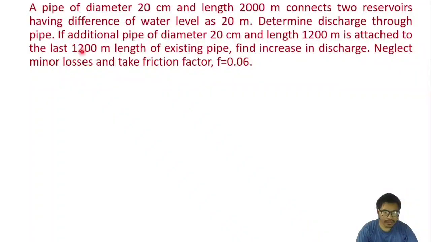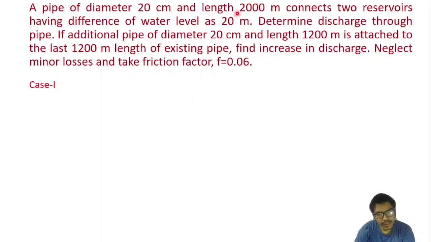Determine discharge through pipe. If an additional pipe of diameter 20 cm and length 200 meter is attached to the last 200 meter length of existing pipe, find increase in discharge. Neglect minor loss, and take frictional factor f equal to 0.06.